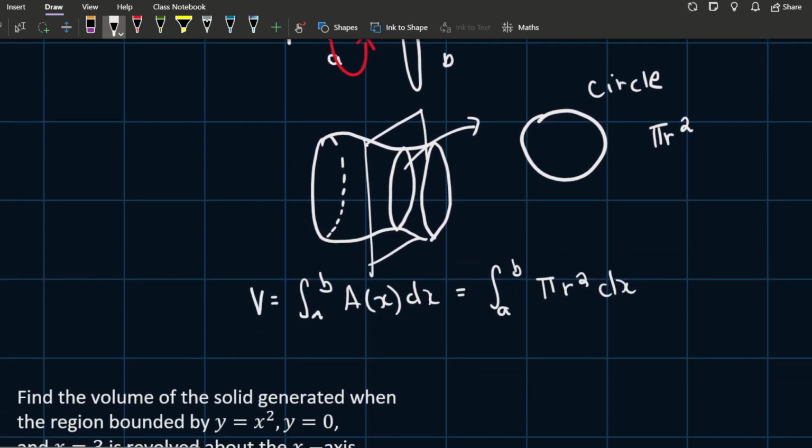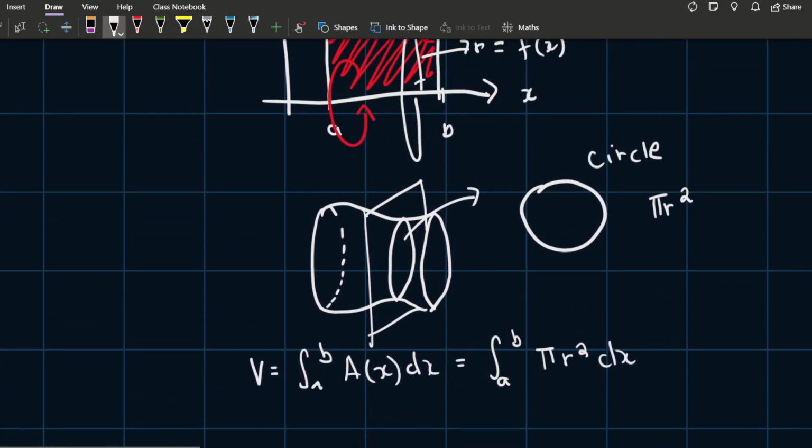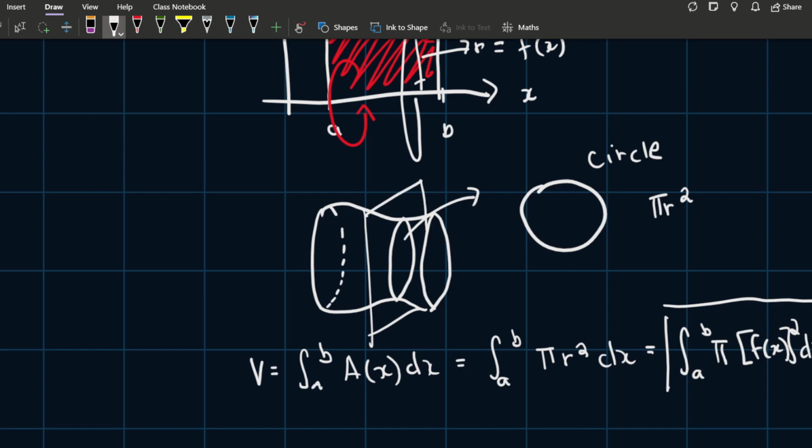So with that, yung volume natin when we're considering discs or washers, this is actually equal to the integral from a to b ng pi f of x squared dx. Okay, so for discs or washers, this will be the formula that we're going to use if we want to find the volume of a solid of revolution.